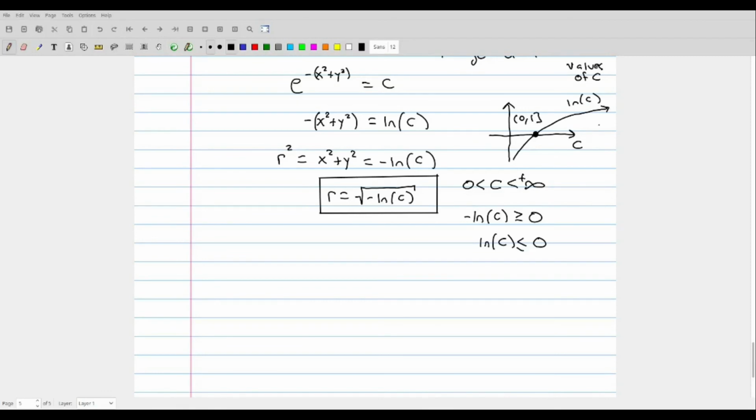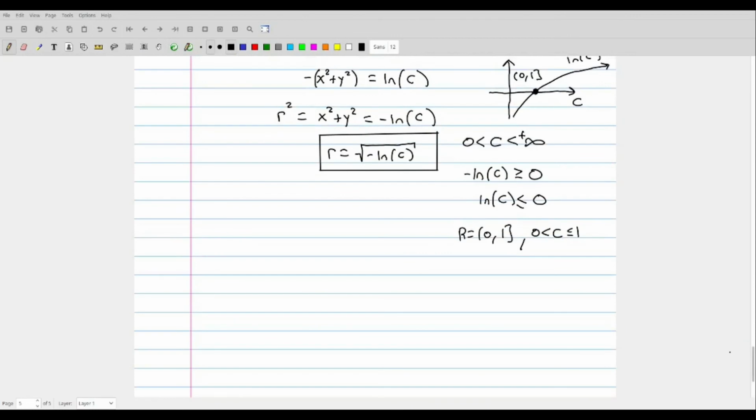This exactly gives us the correct range of our function, because the range of the function is all possible values of c. So the range of the function here is equal to the open interval at 0 and the closed interval at 1, where the set of points where c is between 0 and 1.